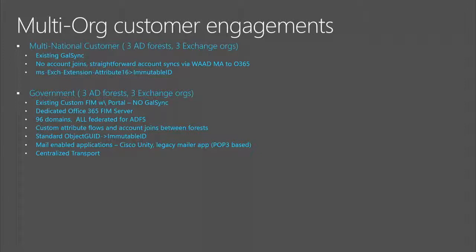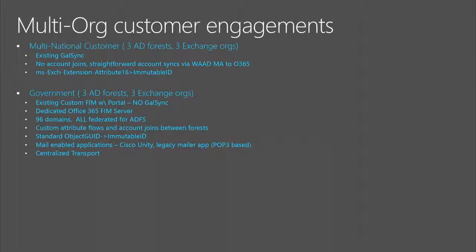So when we deployed a separate server for FIM with the AD sync connector on it, or MA, I should say, we had custom attribute flows and account joins between forests. This can get very, very complex very quickly with FIM. It's one of the reasons why we encourage you to move to AD sync. There's a lot more control and capability built into the tool.